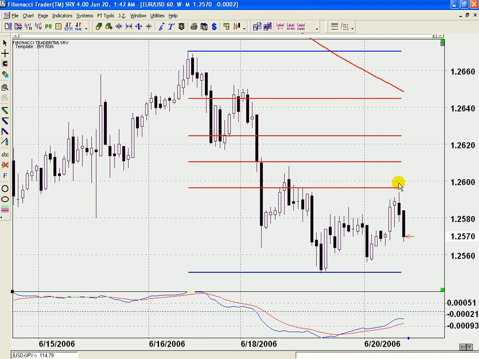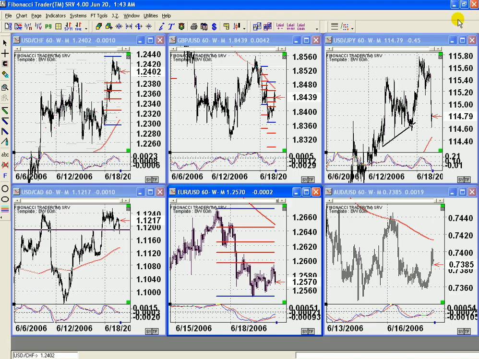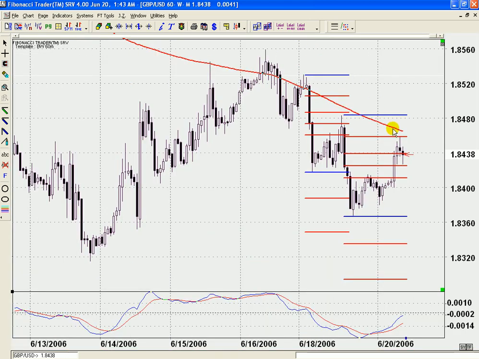I was kind of hoping for a move to 2600 before the move down. But the British pound hasn't really cooperated much at all. From this leg, it has moved down and retraced to 79%, and the 10-day moving average.